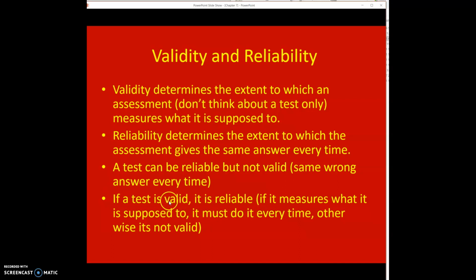If the test measures what it's supposed to, then it has to do it every time. Otherwise, it's not valid, because if the definition of validity is it does what it's supposed to do, then it's got to be able to do it all the time. So we can have a reliable test that's not valid, but if you have a test that is valid, it is inherently reliable.